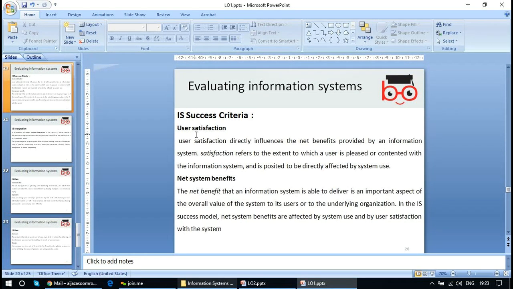And then user satisfaction is also important. It is very clear that if the user is satisfied, then your information system is successful. If the user is not satisfied, then obviously you haven't done well. So be careful about user satisfaction.